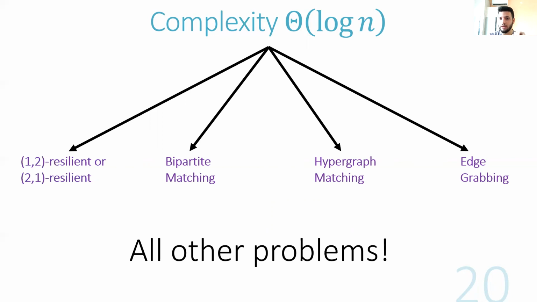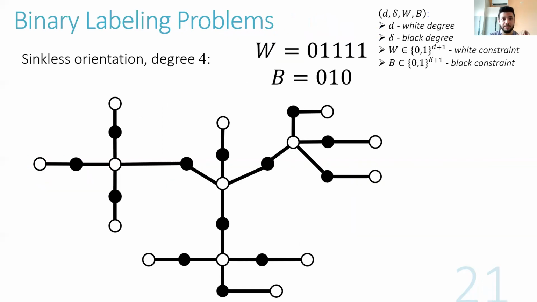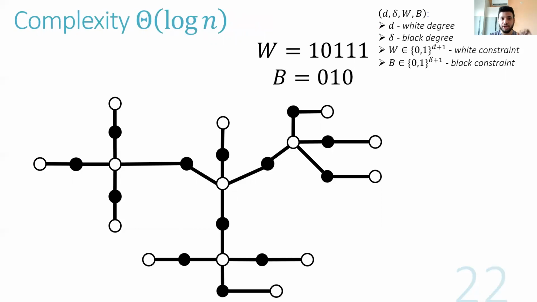So in order to explain what I mean by 1-2 resilient or 2-1 resilient problems, let us go back for a moment to our example and this cute tree that we had. But now instead of focusing on the sinkless orientation problem, we're going to change the problem a little bit by moving the 0 one coordinate to the right in the white constraint string.